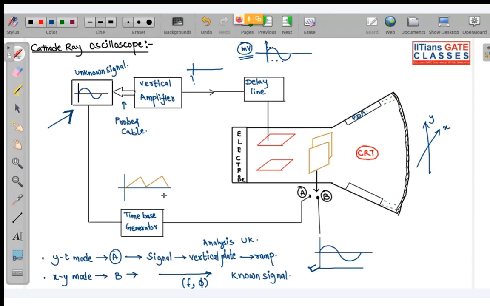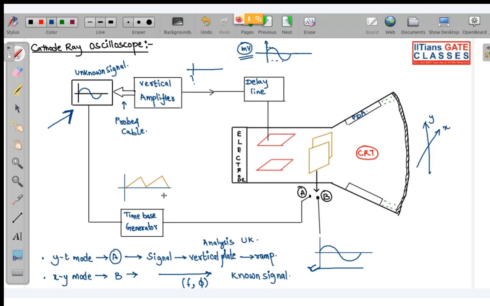Delay line is inserted between vertical amplifier and horizontal plate. Once there was a question, I think GATE 2003: where is delay line introduced? There were 4 options. One option was between vertical amplifier and horizontal plate, another was between vertical amplifier and vertical plate, and a few more.